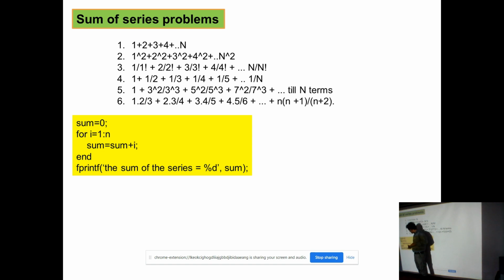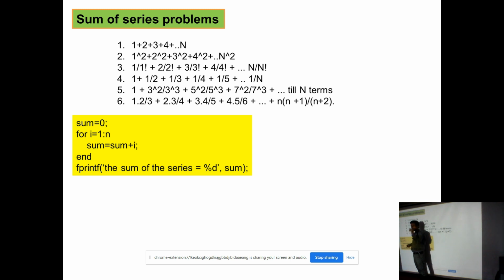So the next sum is 1 plus what is I. Because the loop is written for I equal 1 to n, so 2. So the 2 is added. So 1 plus 2. So that is my answer. That is kept in sum. Now what is the next sum? 1 plus 2 plus what is the I value, it will be 3. So 1 plus 2 plus 3. So that is my sum.